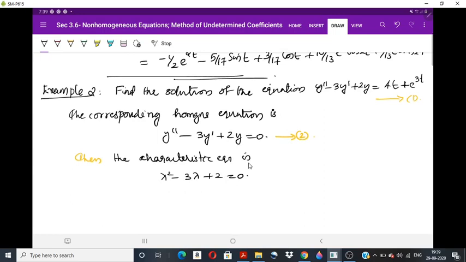Now this can be factorized as lambda minus 1 into lambda minus 2 equal to 0, because the sum of the two numbers is minus 3 and the product is plus 2, so the numbers are minus 1 and minus 2. Therefore lambda 1 equal to 1, lambda 2 equal to 2. So the roots are real and distinct.